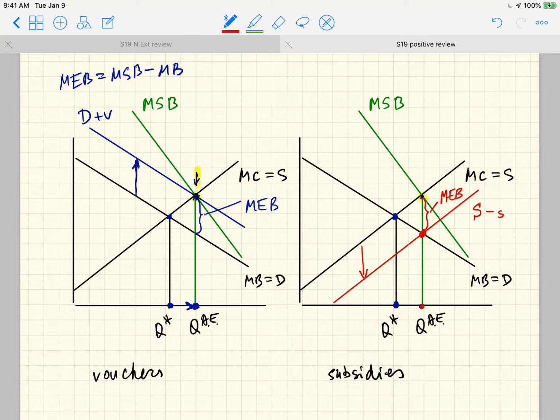So whether you're giving money to consumers as vouchers or you're giving money to producers as subsidies, you always want to make sure you give the amount per unit that is equal to marginal external benefit at the point of allocative efficiency. All right, so that's how vouchers and subsidies work to achieve allocative efficiency in case of positive externality.